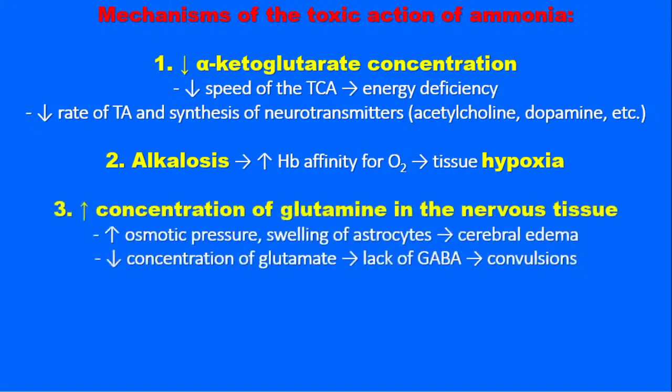Third point, high concentration of glutamine in nerve tissue. At first, as we said, the quantity of alpha-ketoglutarate decreases due to the formation of glutamic acid. But glutamic acid in excess of free ammonia will be converted to its amide, glutamine. This reaction we will discuss further.